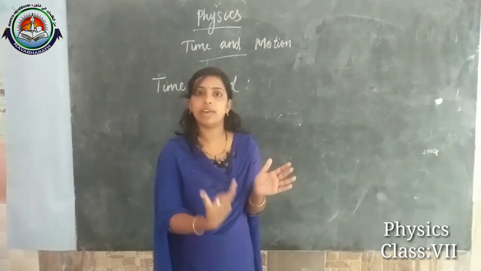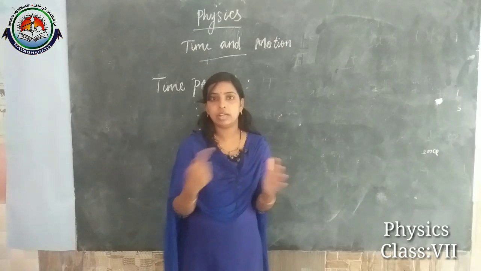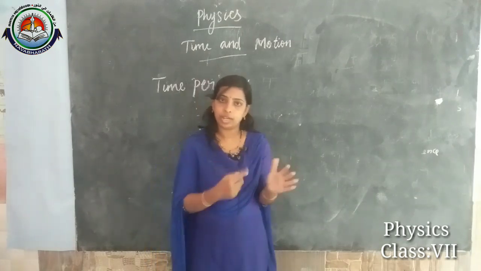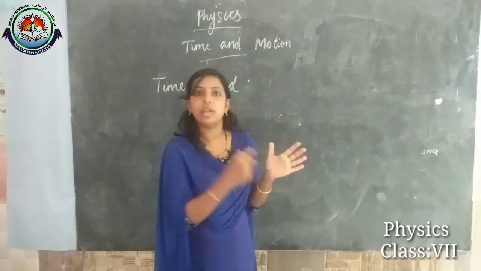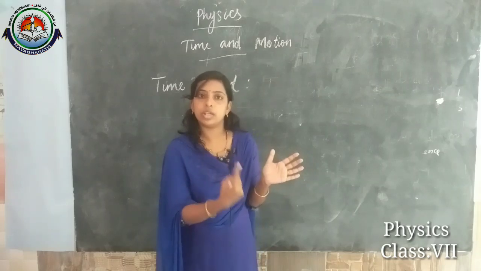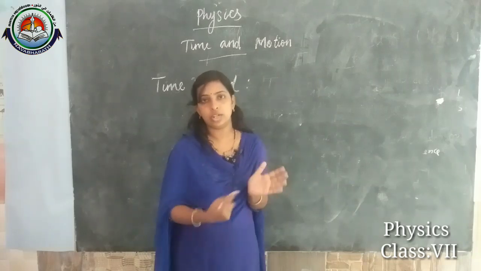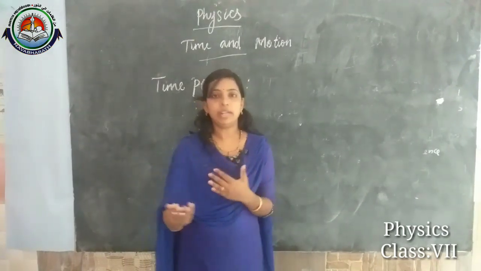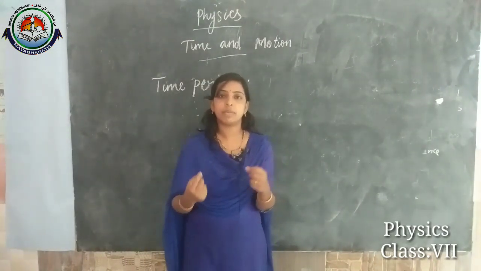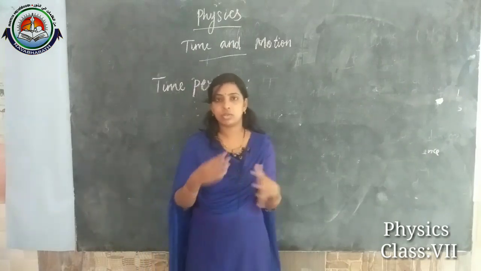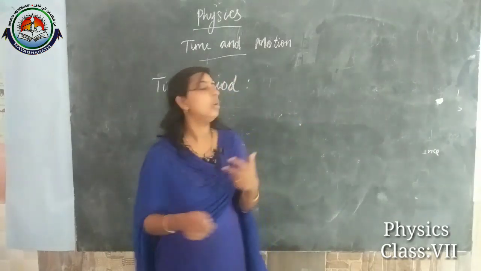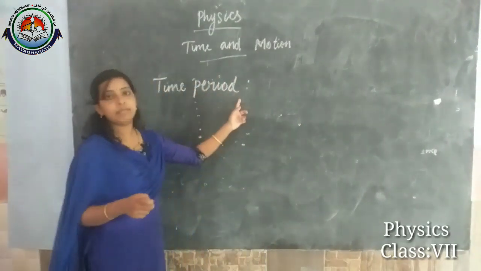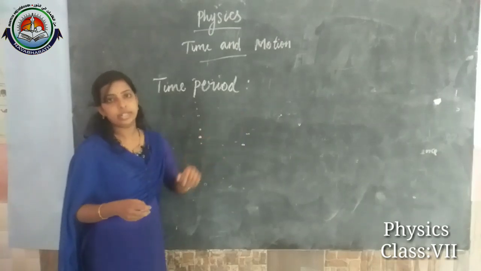Then 30 divided by 10 gives one oscillation. We will explain this more, and we have some problems to solve on the same basis. Anyhow, we can go on to the time period and the terms related to it.